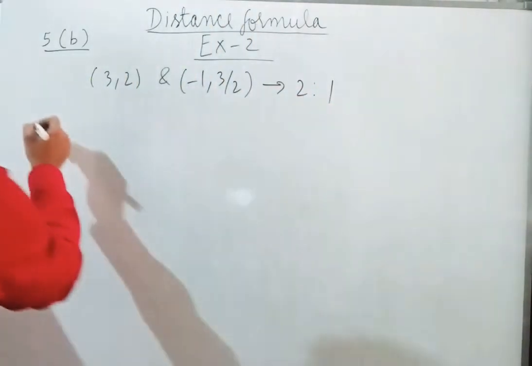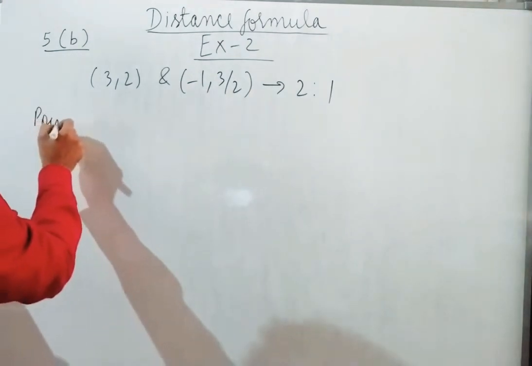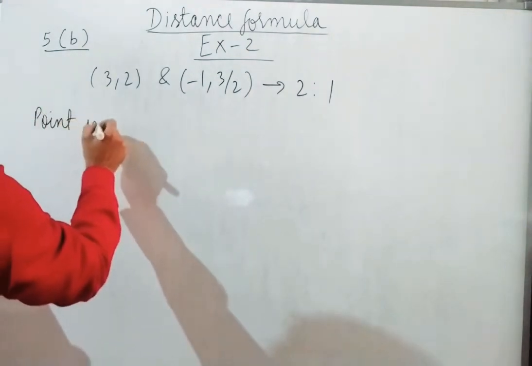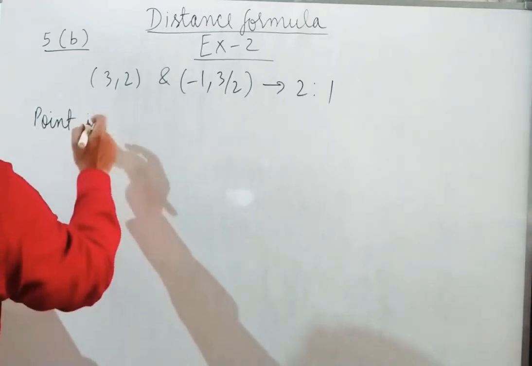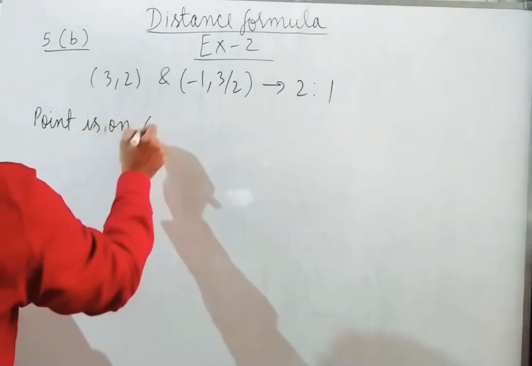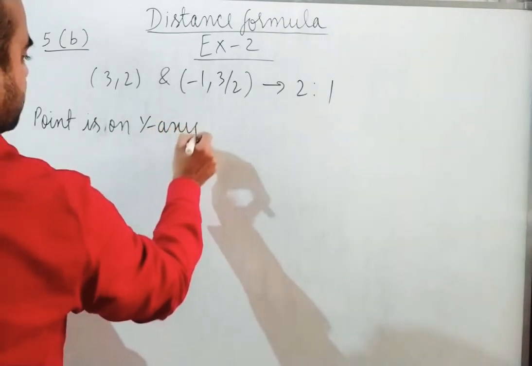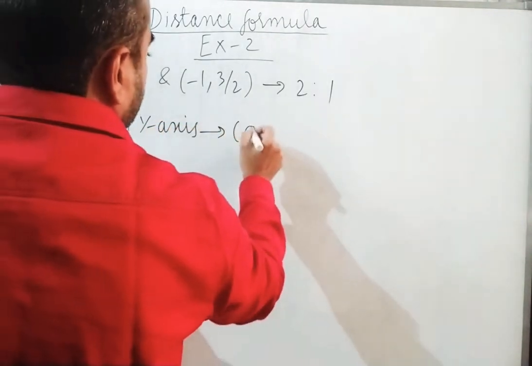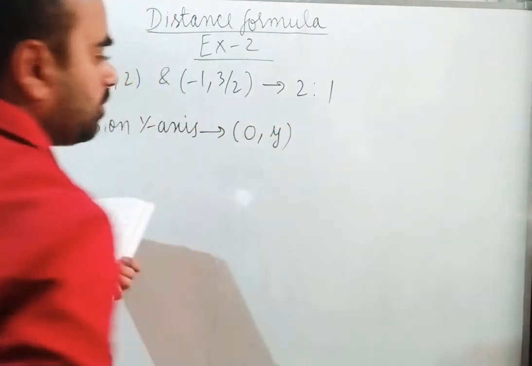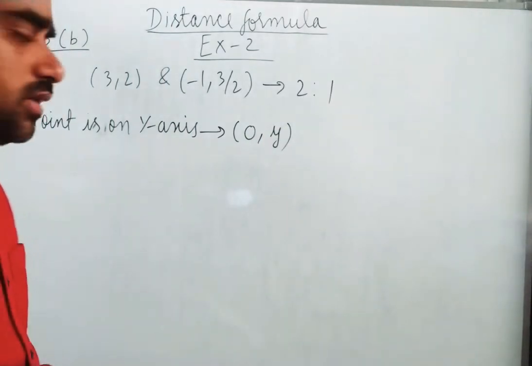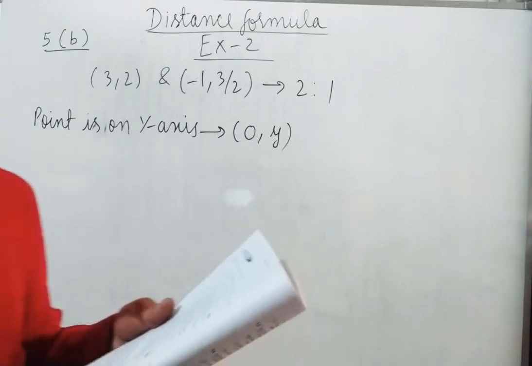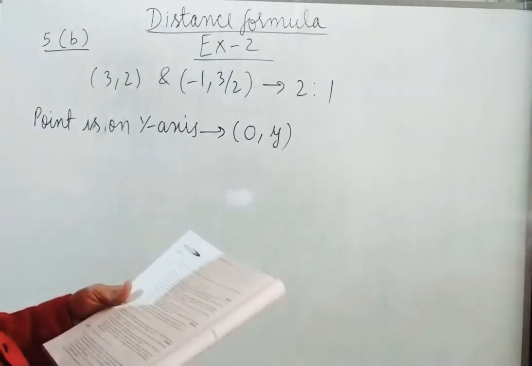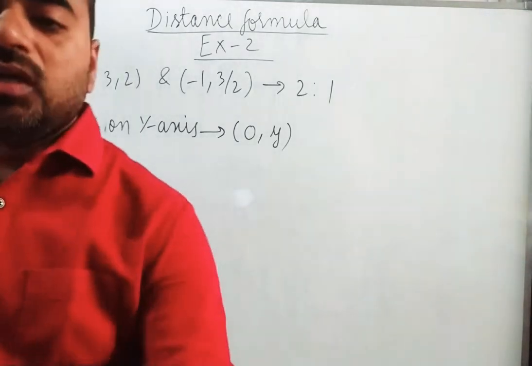So if the point is on y-axis, it means we can take the point as (0, y) or (0, b). We can take. Correct? Now we have to find the distances of the point on y-axis from the point (3, 2) and (minus 1, 3 by 2).